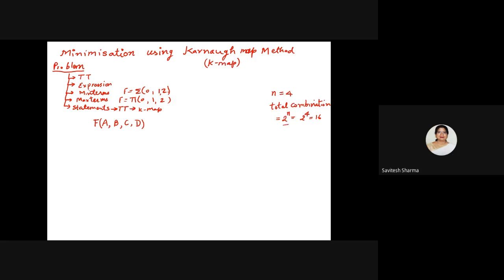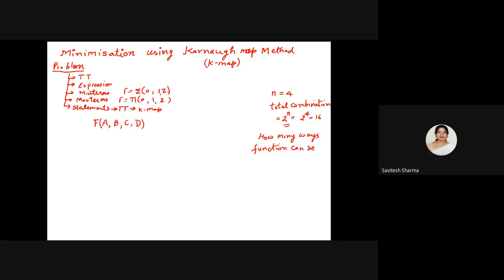And tell me, if you have 4 variables, then what are the ways? How many ways are there to write the function? Can anyone tell me? I already told. How many functions can be formed for 4 variables?